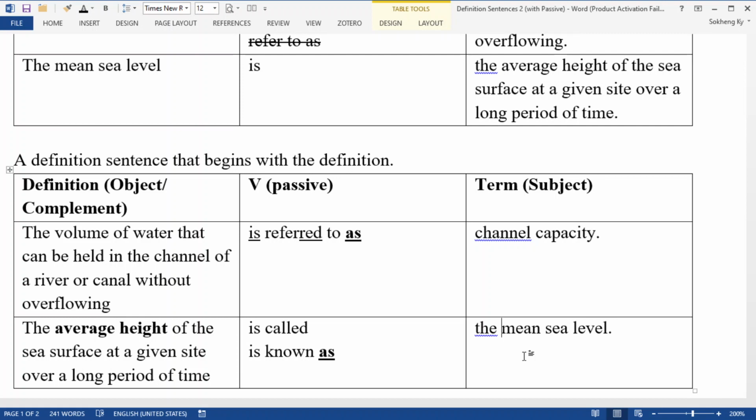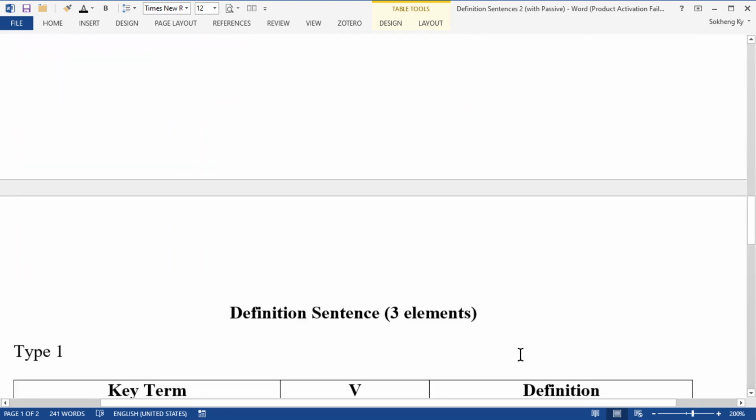This means we need to use different sentence structures so that our writing or speaking is not boring. And now we can go on to the next page.